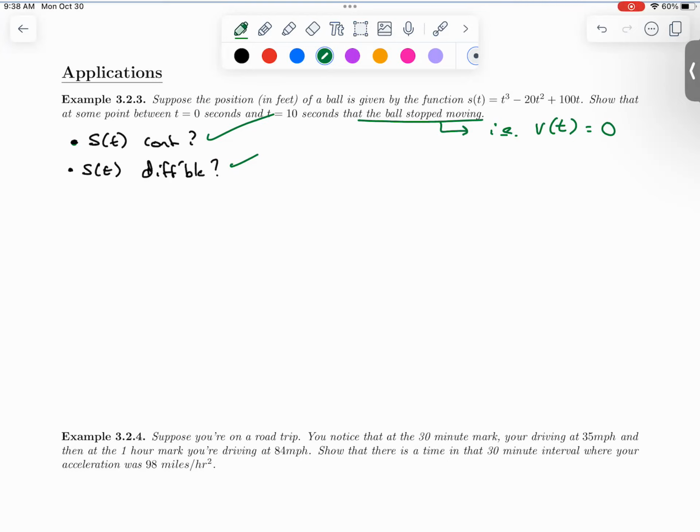And so we can find by MVT, s of 10 minus s of 0 divided by 10 minus 0 is equal to s prime of c.